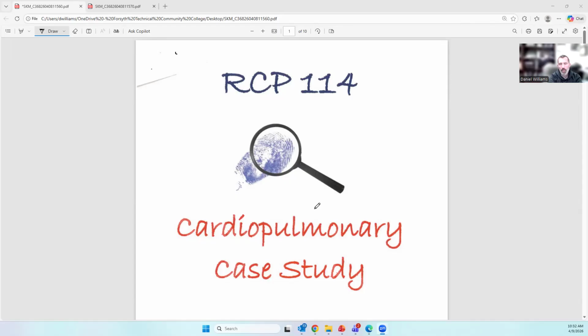In our cardiopulmonary anatomy and physiology class, we've gone over a significant amount of information that spans from the basic respiratory anatomy, the overall functionality of the respiratory system. We've broken it down and gone over in detail the upper respiratory system, the lower respiratory system. We've also talked about pulmonary circulation, cardiac circulation.